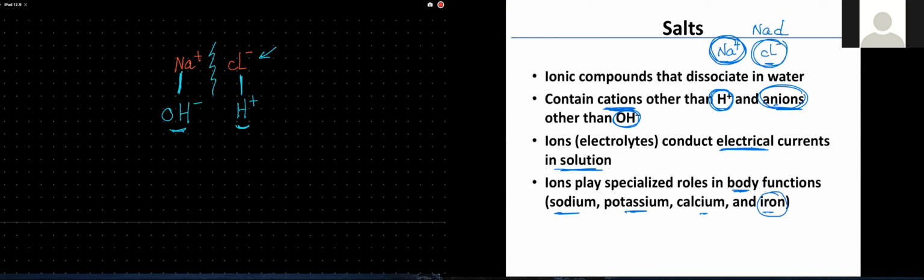For example, iron in your red blood cells will be carrying the oxygen for it to be transported from the lungs to your cells. Calcium in your bones is going to be responsible to maintain the strength of the bones. Also, it's going to be playing a major role in the electrical conduction in the cardiac muscle cells, creating this electrical regulation of the cardiac muscle cells.